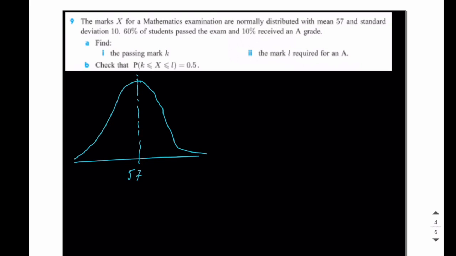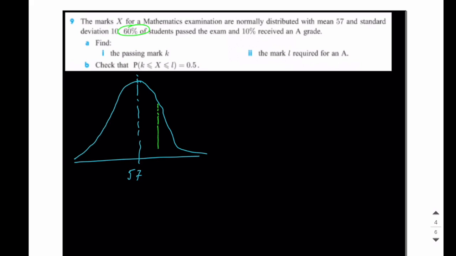Okay, let's see question number 9. So we have the picture. Here we have that the mean was 57. We know that 60% passed, so I'm going to put green for the 60%.